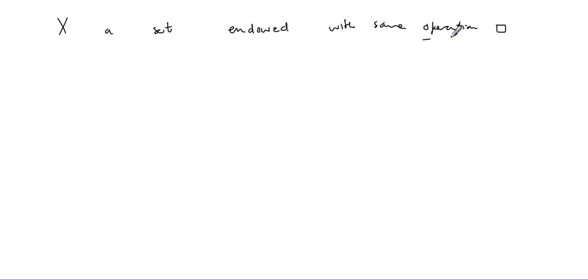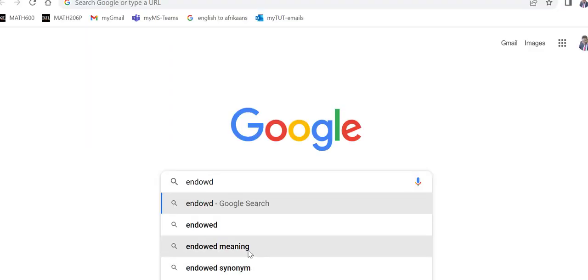Remember we said the operation was just simply describing some form of interaction between the elements of sets, producing another element, which could be in the set or not in the set. Okay. So let's look at what they mean by endowed.